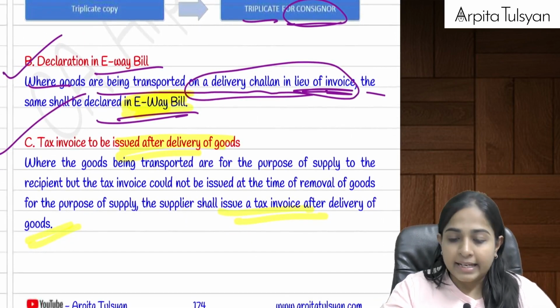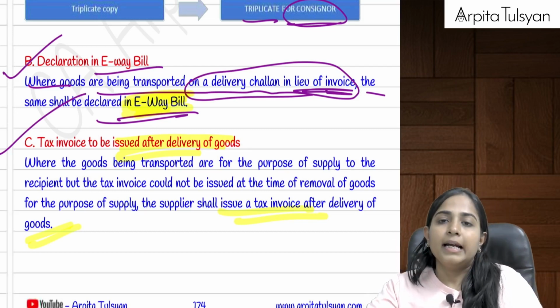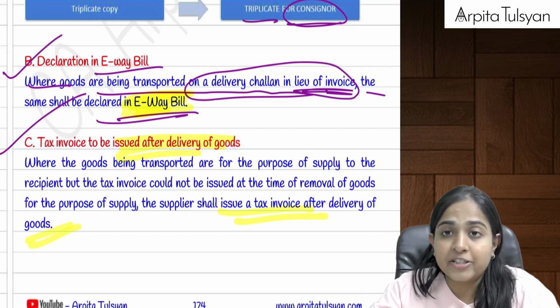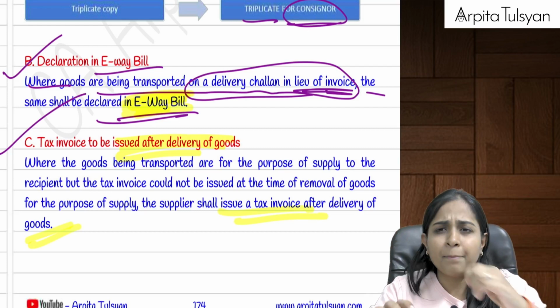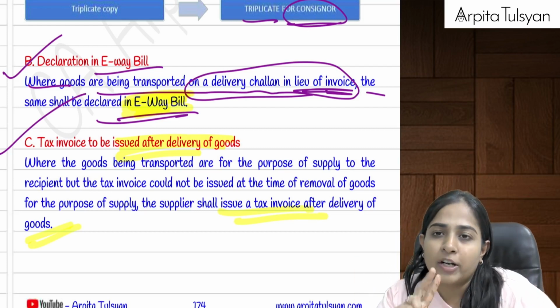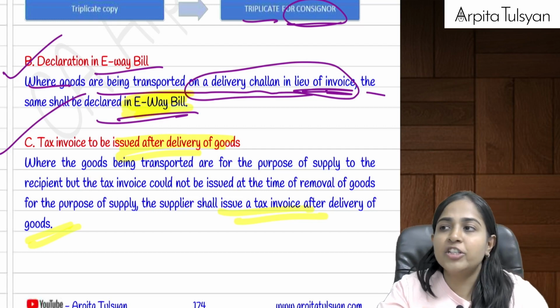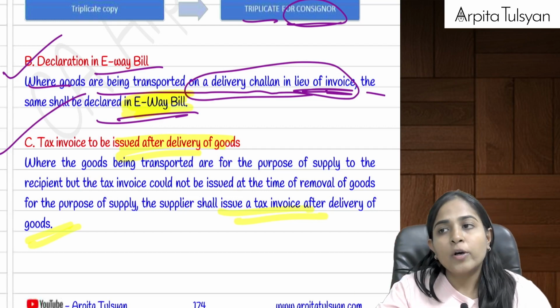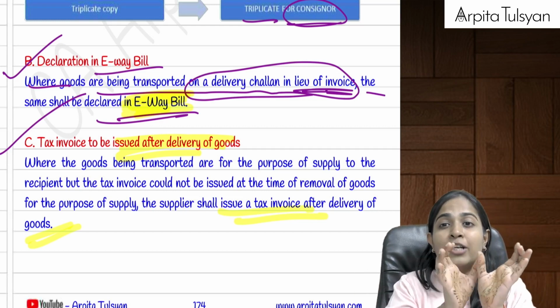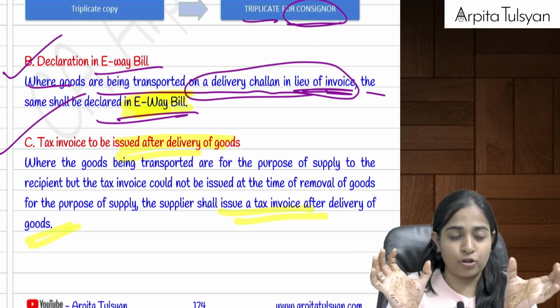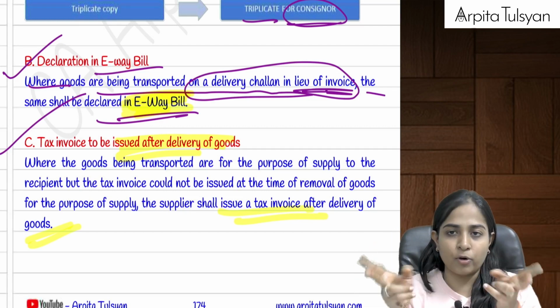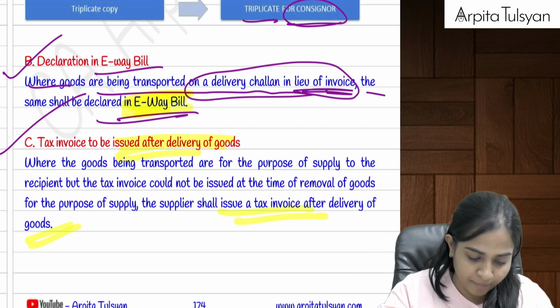Then we will study in the next chapter that for some persons, whenever you are transporting goods from one place to another, along with the delivery challan an e-way bill is also required. The details of the delivery challan should also be mentioned in the e-way bill. Corresponding details should be mentioned in the other document also.